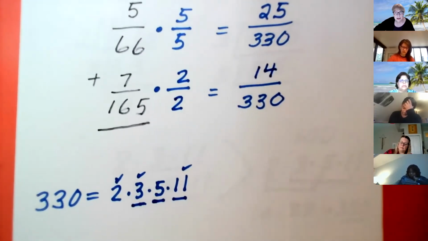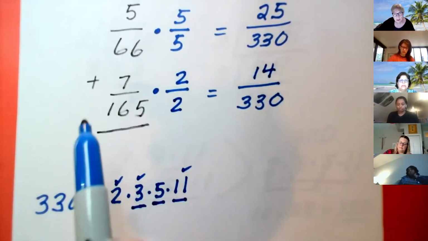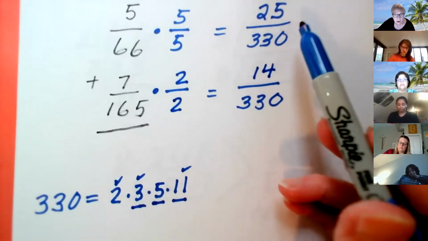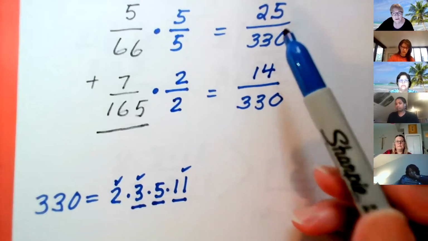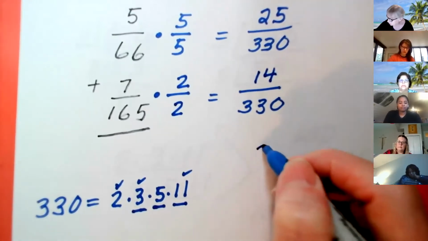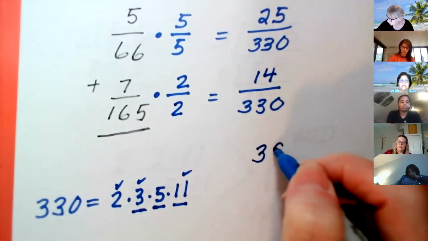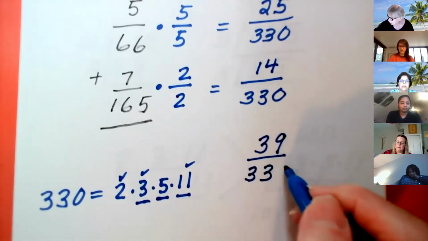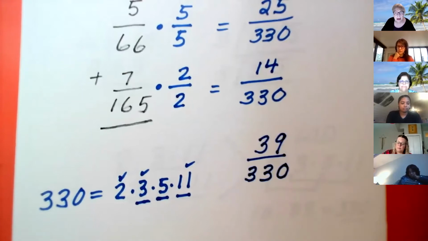So what we did was we took this disgusting problem, found a common denominator, and now it's pretty simple. 25 and 14 would make 39 over 330. Now that may or may not be the final answer.